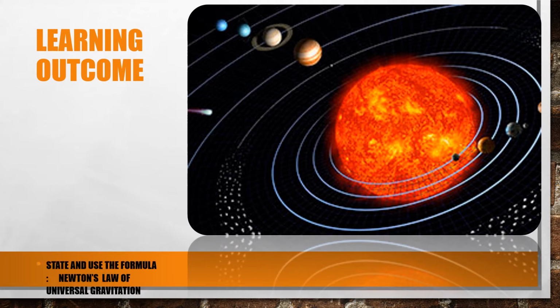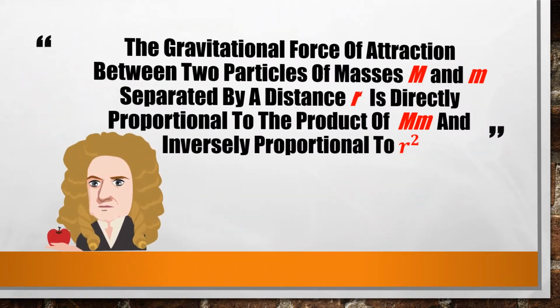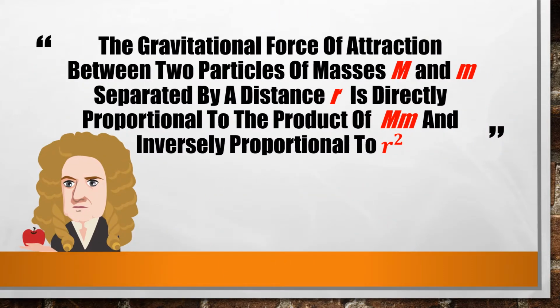Today's learning outcome is to state and use the formula of Newton's law of universal gravitation. Newton's law of gravitation states that every particle in the universe attracts every other particle with a force.